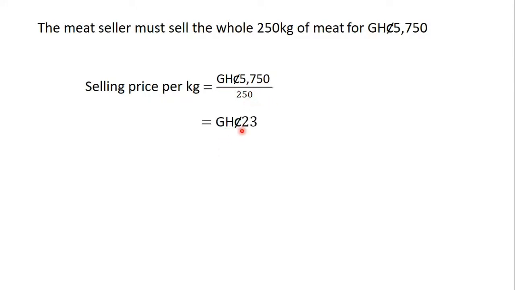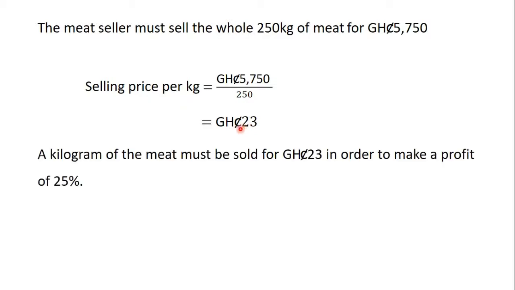And this will give us 23 Ghana cedis. This means that the whole 250 kilograms was sold at 5,750 Ghana cedis. So the selling price for 1 kilogram is 23 Ghana cedis. So a kilogram of meat must be sold for 23 Ghana cedis in order to make a profit of 25%.